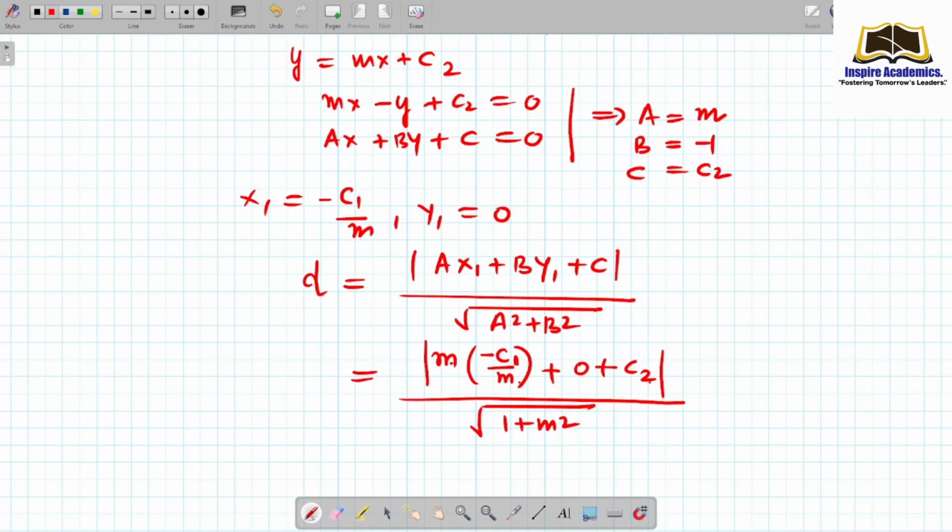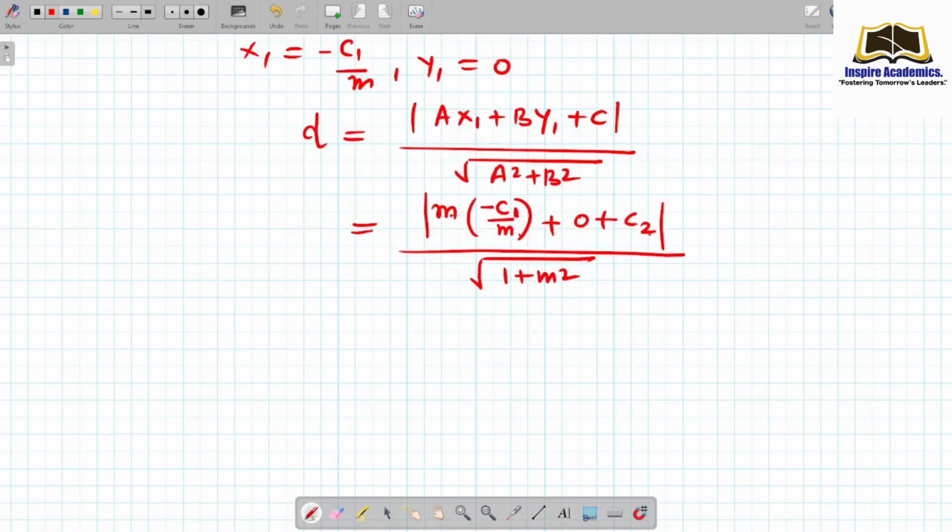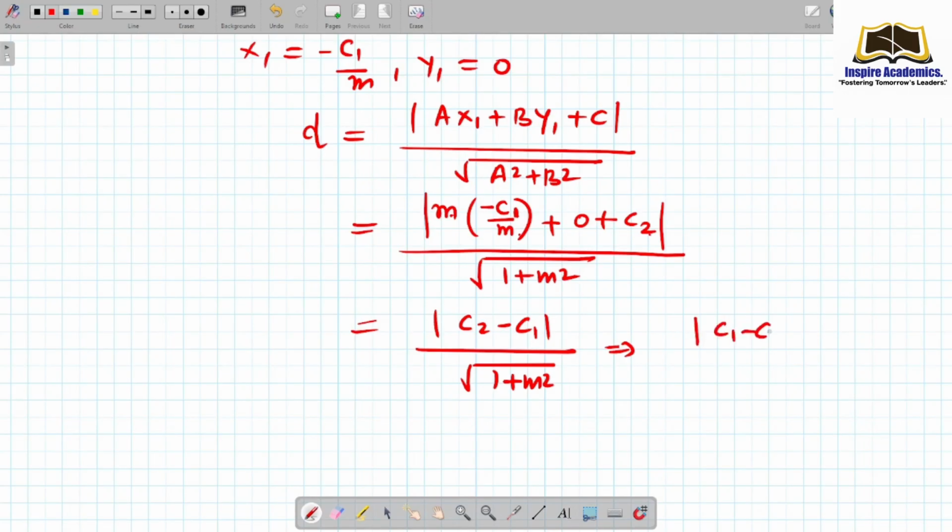So we will get as mod C2 minus C1 upon under root 1 plus m square. Okay, is that clear or not? You can as well write it C1 minus C2 because it hardly makes any difference.